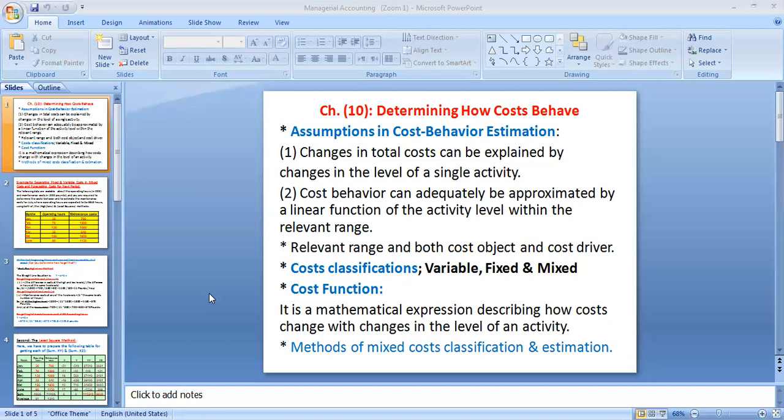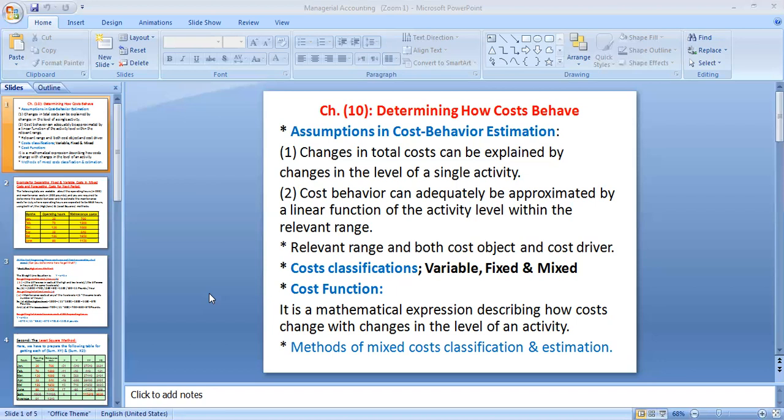Now, what are the methods of mixed cost classification and estimation? Classification means I will classify the mixed cost into its two main parts, I mean variable and fixed. What about estimation? You will use historical data for some months, for example, or some years, to expect the cost for the next period.